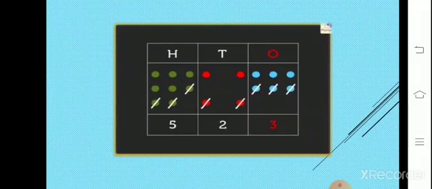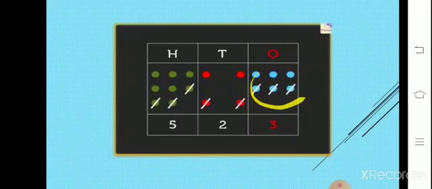Next example, there are again 3 place values: ones, tens and hundreds. There are 6 balls at the ones place and you have to cut down 3 balls. The remaining balls are 3. So you write here 3.